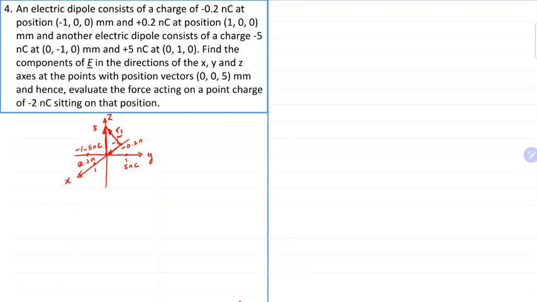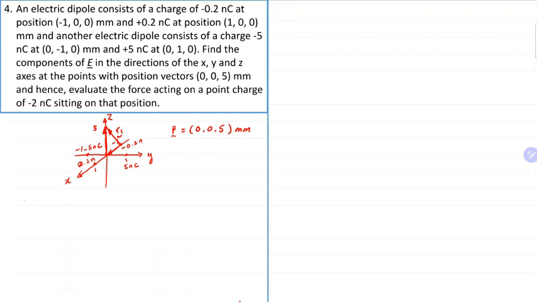Let's call this position vector P, my observation point.